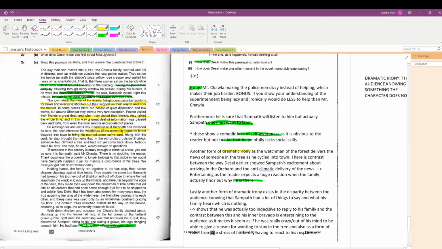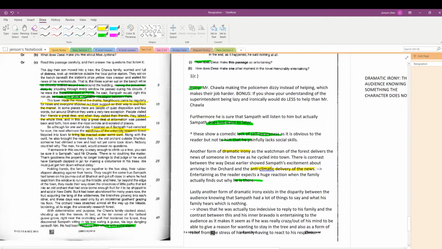So rather than coming in a very dramatic fashion, it comes with the watchman of the university forest as a message while he's delivering his sister some curd, which makes it very anticlimactic.